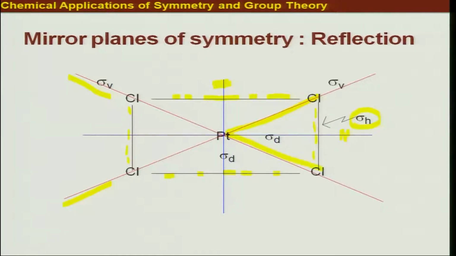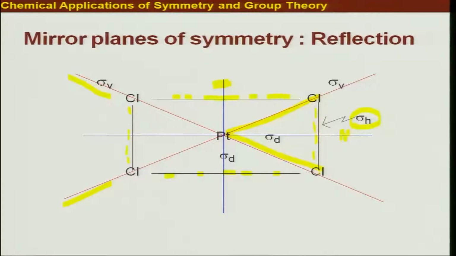Okay, so these dihedral angles are formed essentially by two sigma v's, right? Two adjacent sigma v's form this dihedral angle, and it bisects that. And as a matter of fact, this dihedral angle is also formed by the intersection of two C2 axes. Okay, so the two C2 axes intersect, and you take the principal axis of symmetry, you form the same dihedral angle.